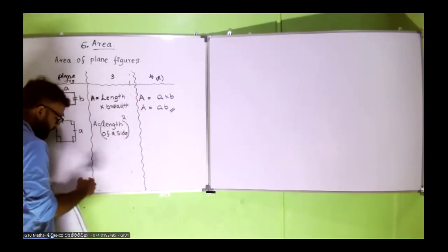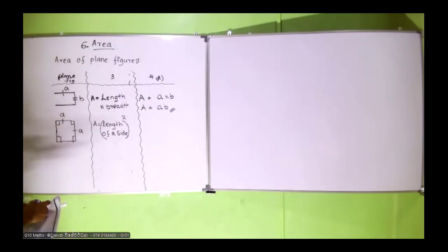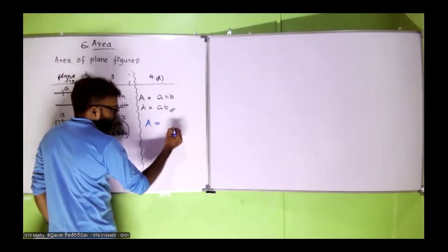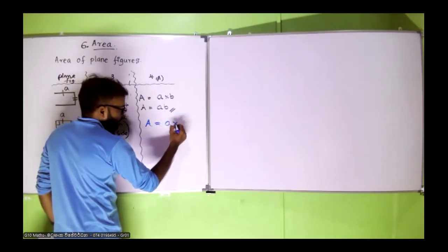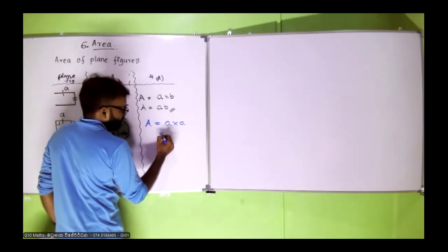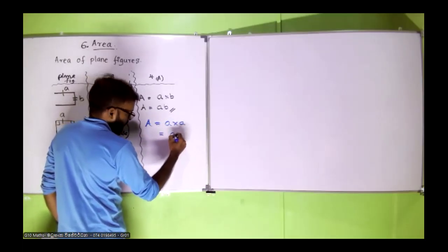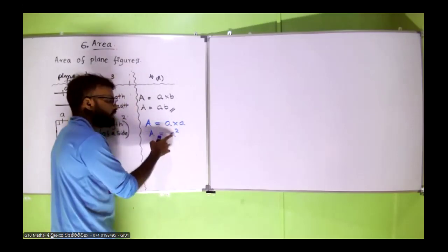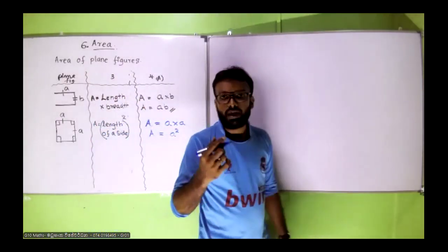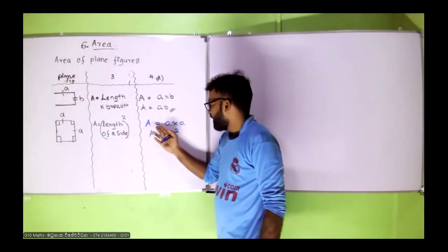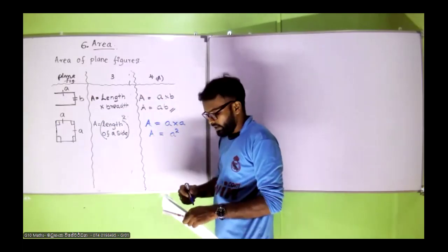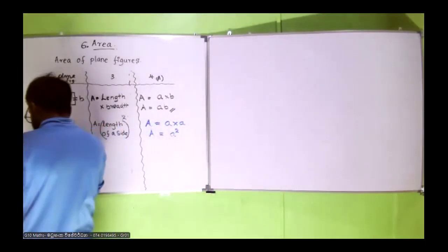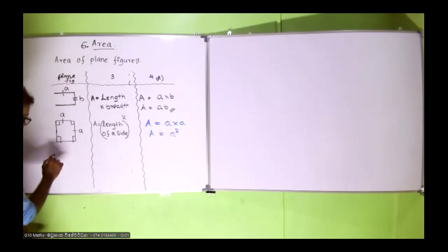Finally, you can write down the formula: A equals A into A, which means A squared. It would be better if you can remember this final formula: area equals A into A, A equals A to the power 2, A squared. Then you have the parallelogram.